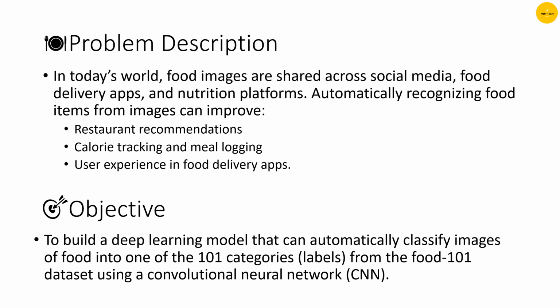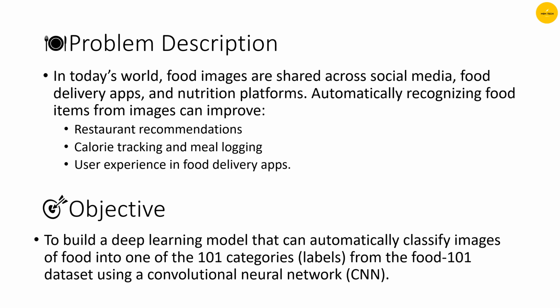For instance, smarter restaurant recommendations, suggesting dishes or eateries based on visual preferences or past orders. It's crucial for calorie tracking and meal logging, allowing users to simply snap a photo of their food for instant nutritional information.